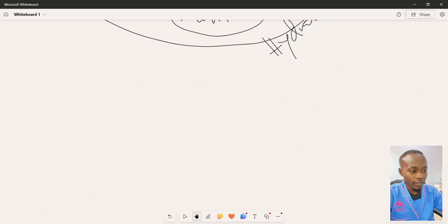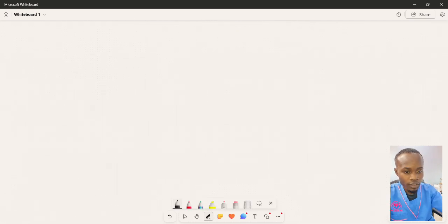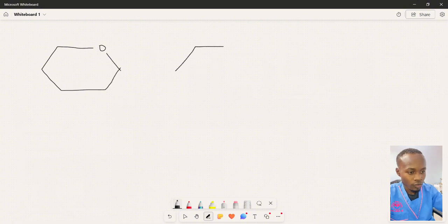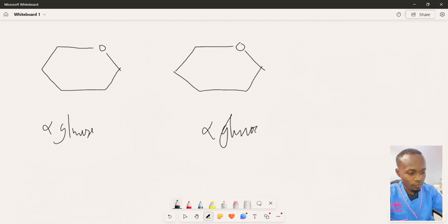So let's see how its ring is formed. Here we're going to have our cyclic structure, and also this side we are going to have our cyclic structure. Remember they are alpha glucose, also this side is alpha glucose.